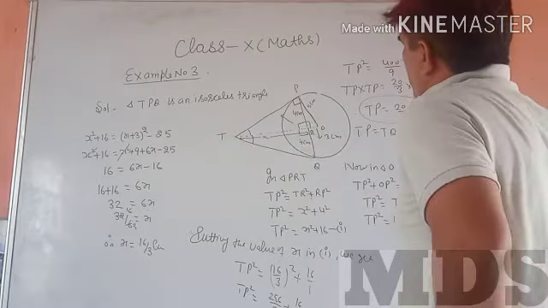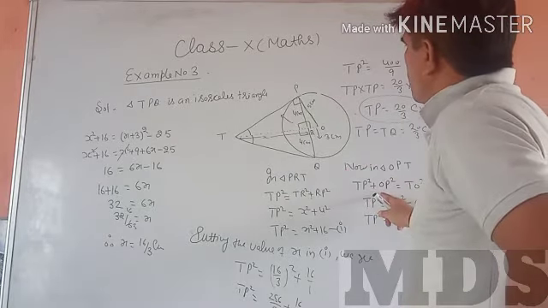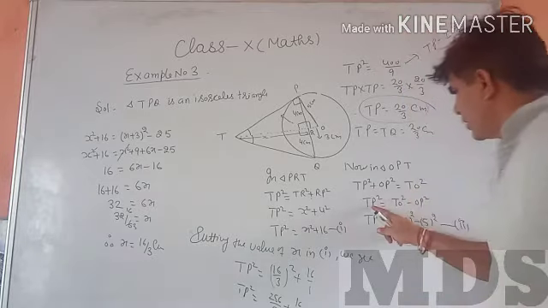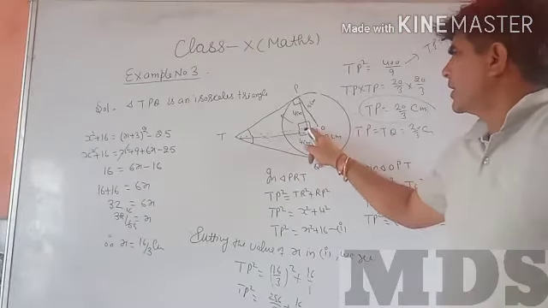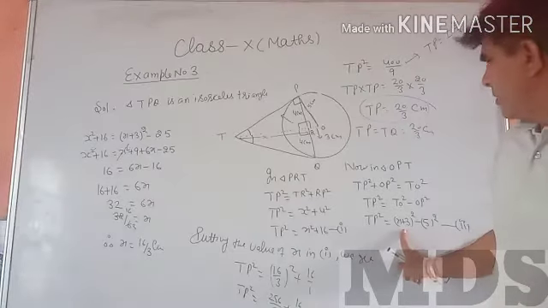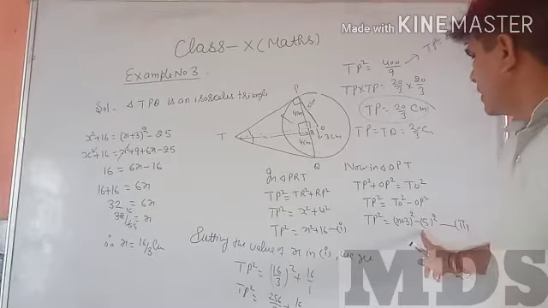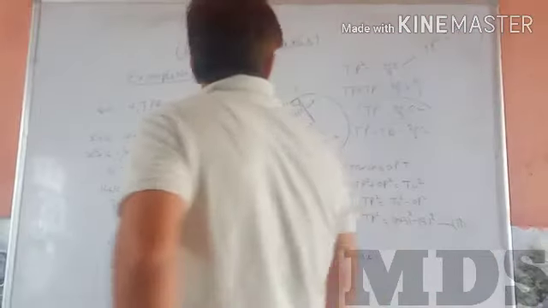Similarly, you can take this triangle OPT. This angle is a right angle. So TP square plus OP square is equal to TO square. So again find out TO: this is 3 cm, this is x, so it becomes x plus 3, minus 5 square. So here also TP square, here also TP square, meaning both are equal.